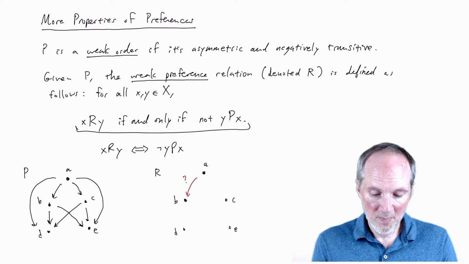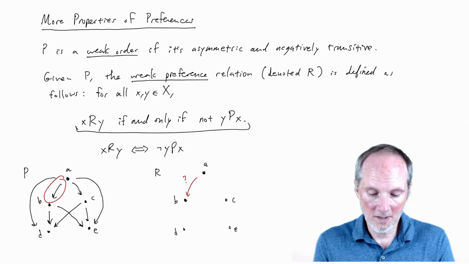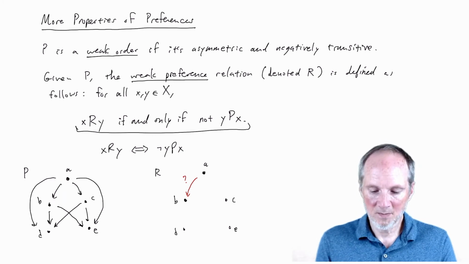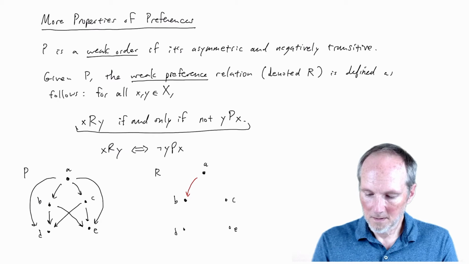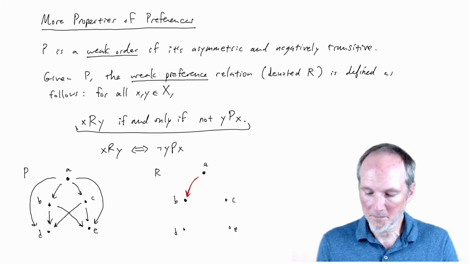Is it true that B is preferred to A? No, it's not. There's no arc going from B to A there. It's not the case that B is strictly preferred to A. So according to our definition of weak preference, yes, A is weakly preferred to B.